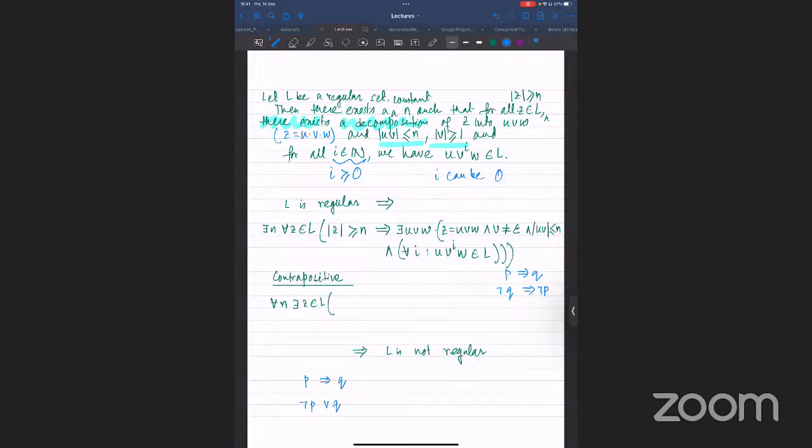So if you negate not P or Q, this is P and not Q, correct?